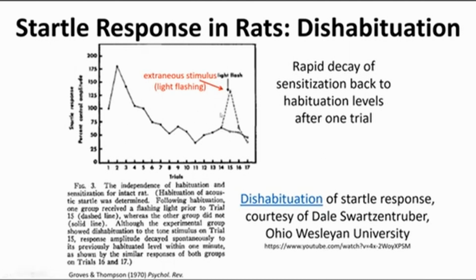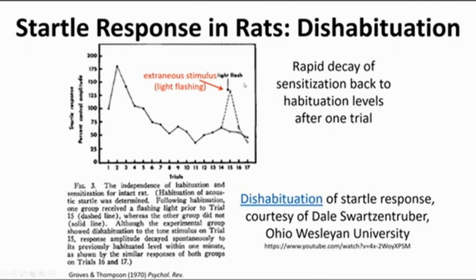The part we're going to focus on this time is that for those rats who have been exposed to a secondary stimulus, here a flash of light, we see that their startle response to the tone they have been habituating to shows an aggressive response: dishabituation, or a resurgence of that startle response. Then they go right back to low levels of responding to the tone.